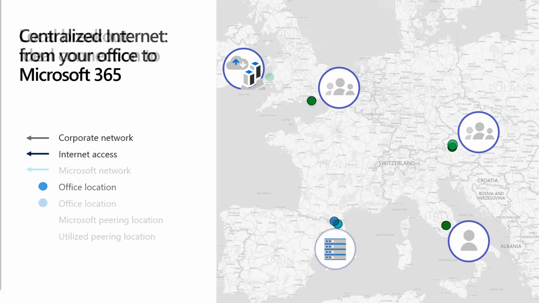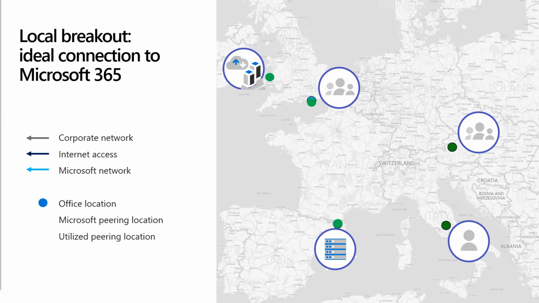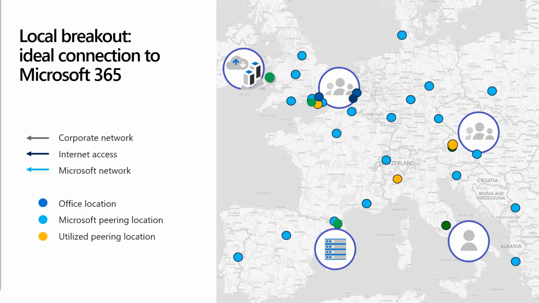Well, the Microsoft network has all of these different peering locations. And so look at this. These locations now have very short and usually in-country connections to the Microsoft network. So their ISPs peer in-country. So you have a much faster response.